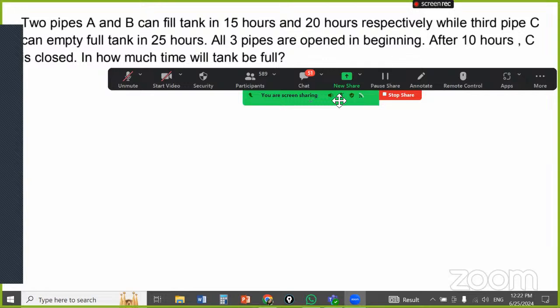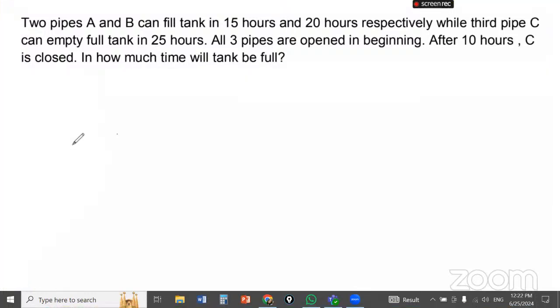So we can find the tank capacity by taking the LCM of 15, 20 and 25. A can fill in 15 hours, and B can fill in 20 hours.